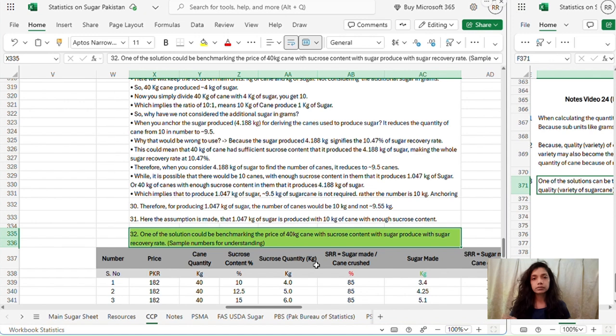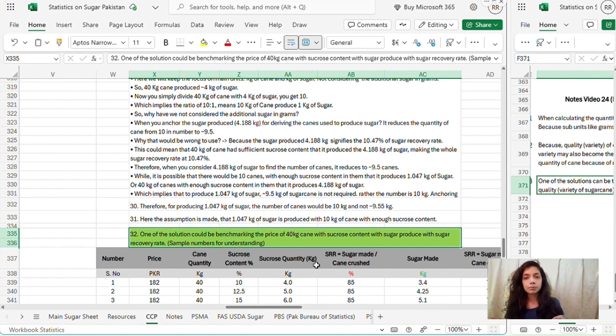When mills purchase the cane, let's say 10 kgs of cane for making 1 kg of sugar. If they are making exactly 1 kg of sugar with the cane, it seems fine. But if they happen to produce more, apply better techniques, and get more out of it, they're going to make profit.